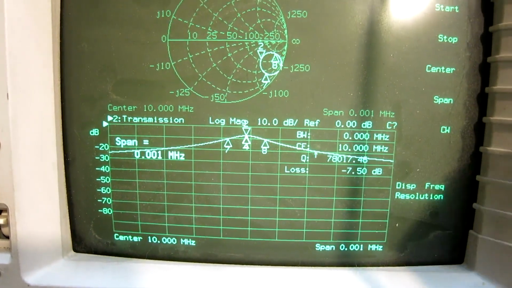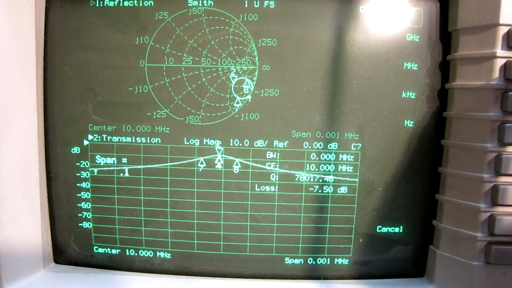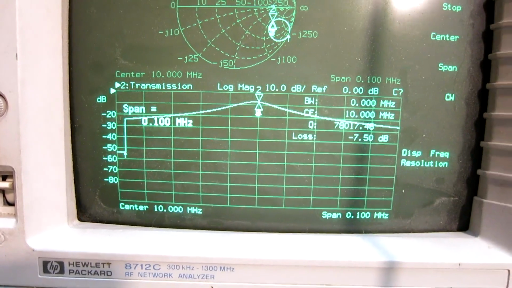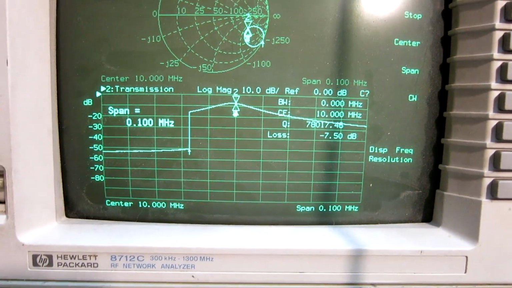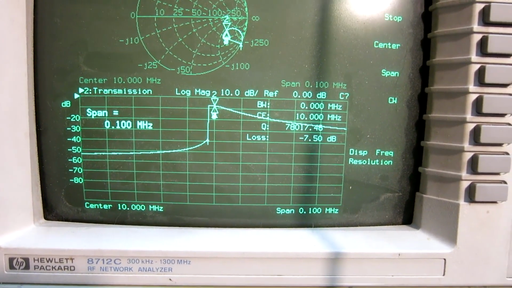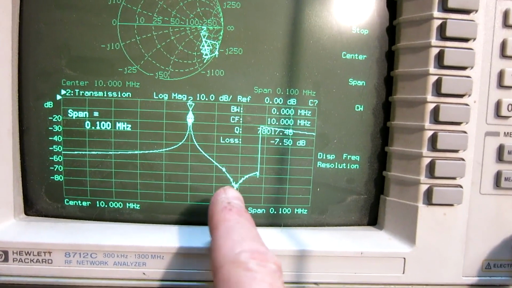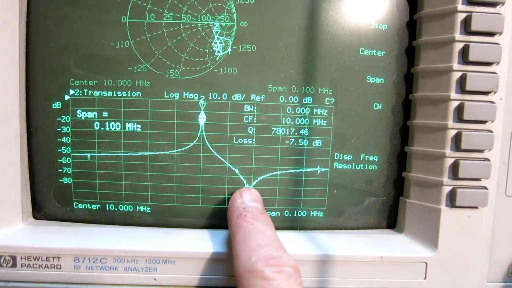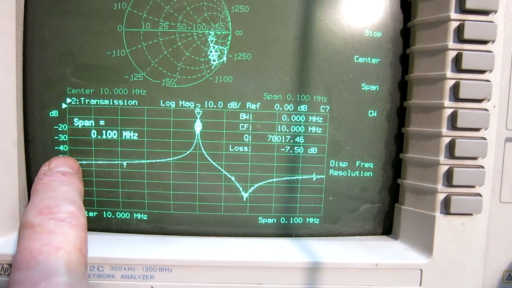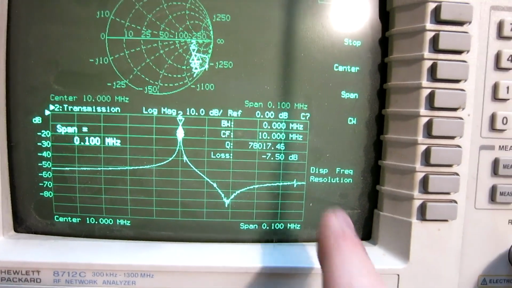But if I change the frequency span to 100 kilohertz, it is very different from what I had on the parallel resonator. Here is the parallel resonance, where there is nothing coming through the crystal. And here we have a fairly large level, and also here.